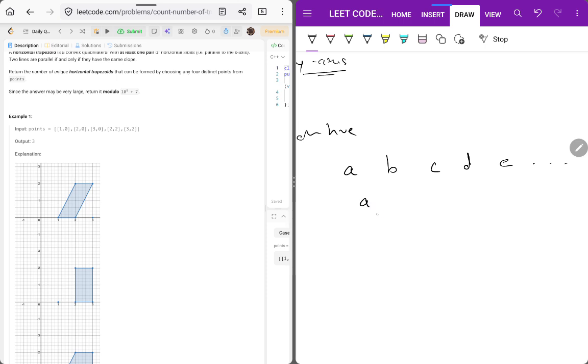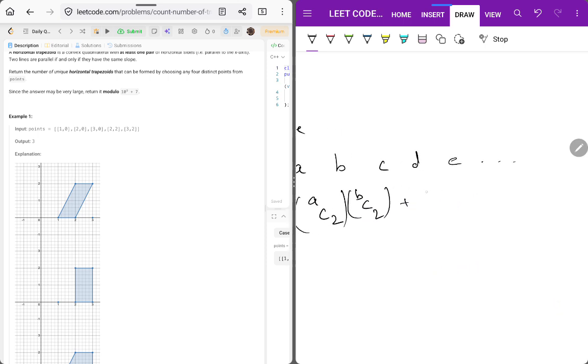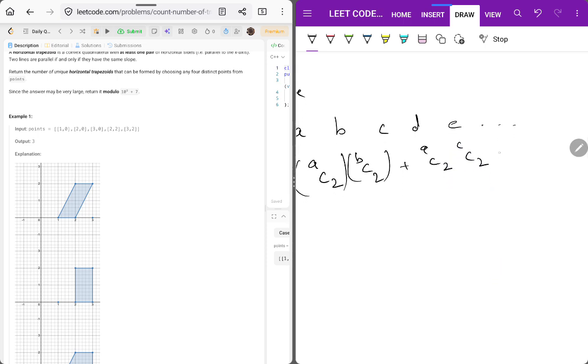We'll have to choose 2 points from A and at the same time choose 2 points from B. Then choose 2 points from A and 2 points from C. Then choose 2 points from B and 2 points from C.